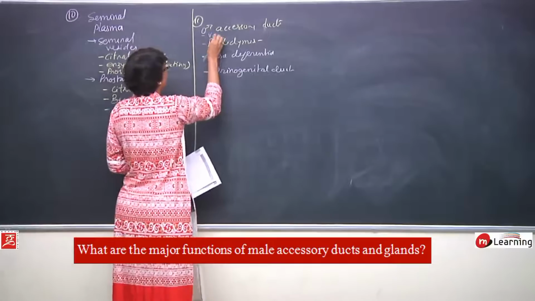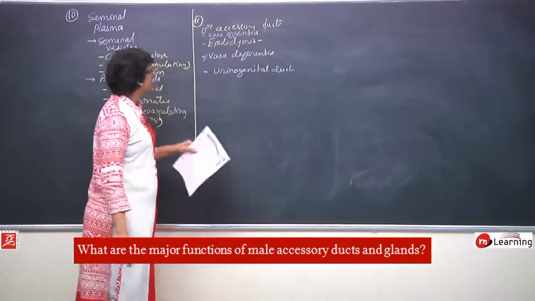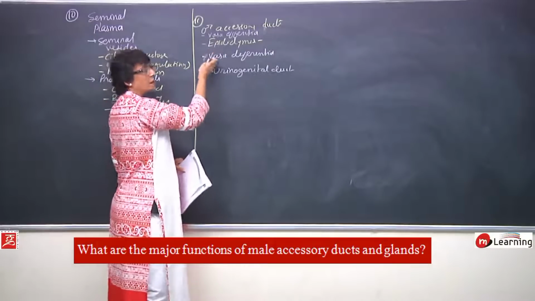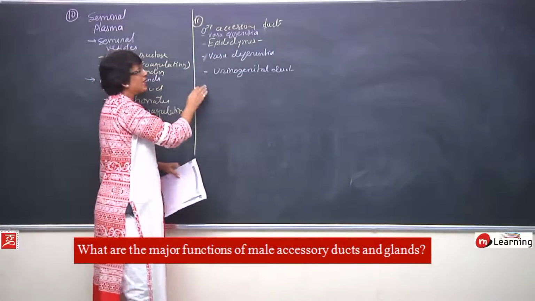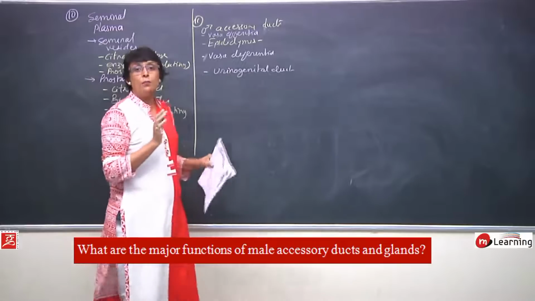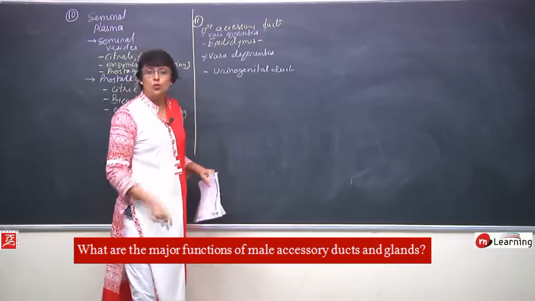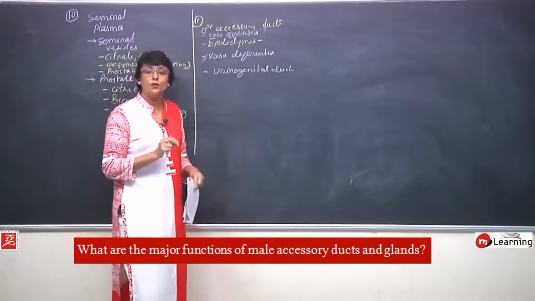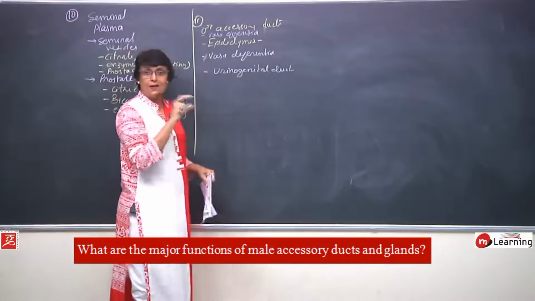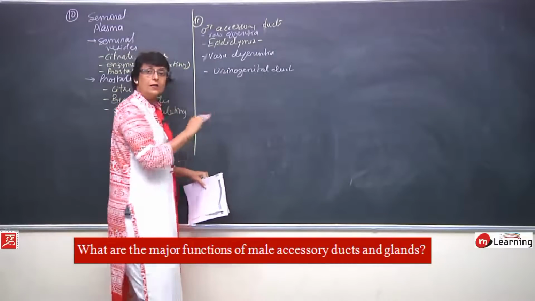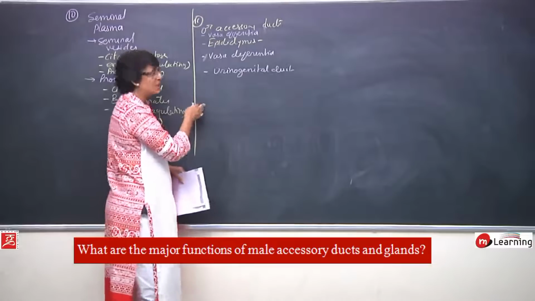So from vasa efferentia to epididymis, from epididymis to vas deferens and then through the urinogenital duct. These are the accessory ones. Vasa efferentia bring the sperm from testis to epididymis. Epididymis stores the sperm for a shorter period of time and they become functional here. Vas deferens is just a conducting tube. Urinogenital duct is a common passage for the urine and semen. So these are the passages or ducts.